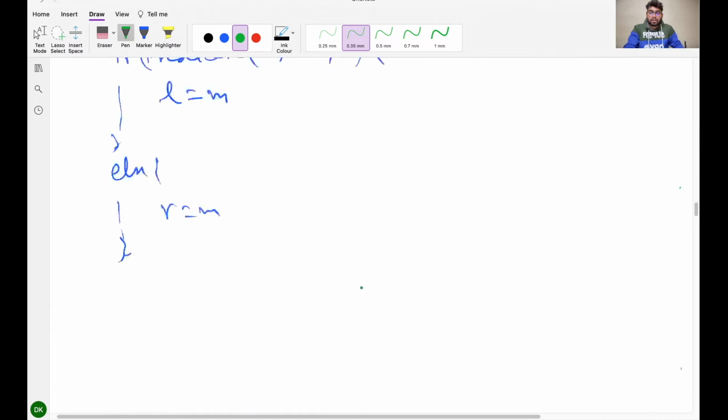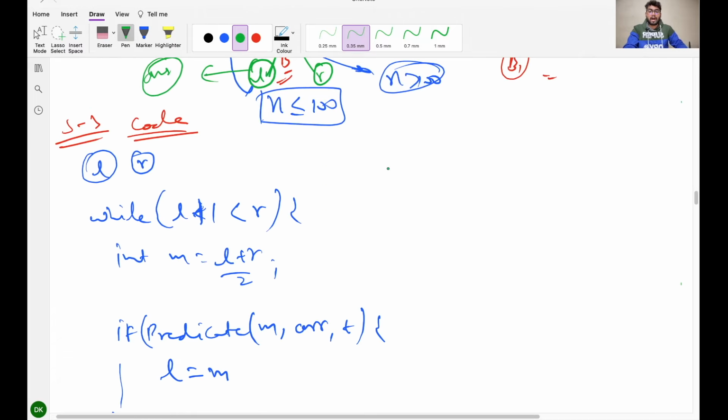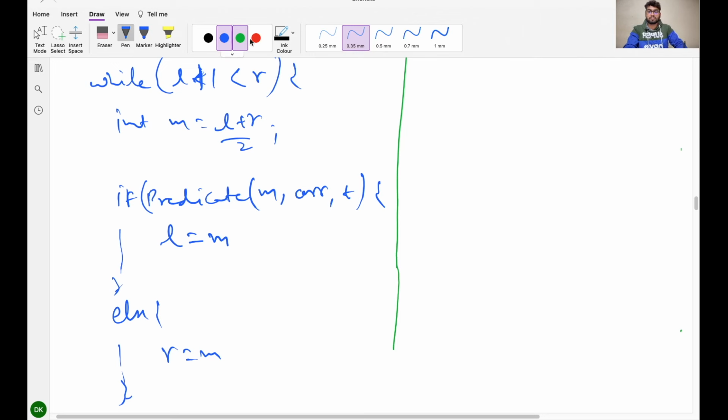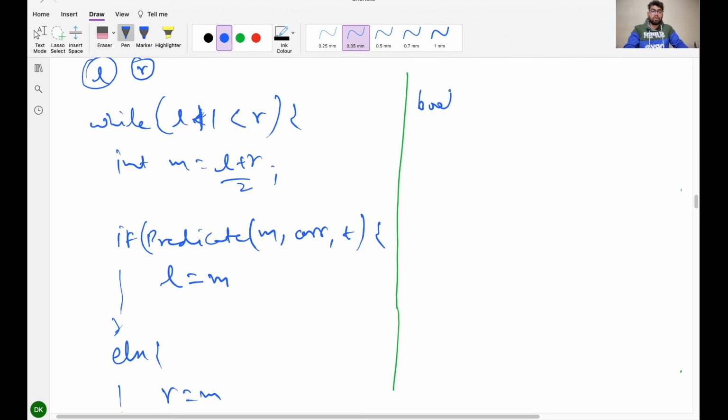Okay, so over here I am writing my predicate function, bool predicate. I pass m, array and target.